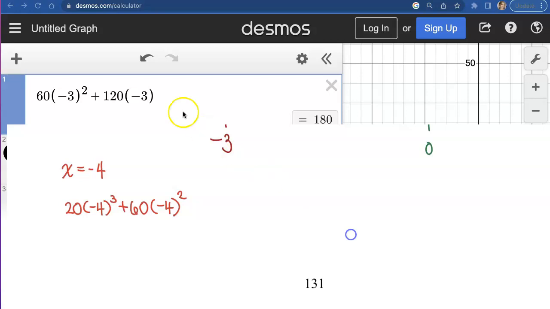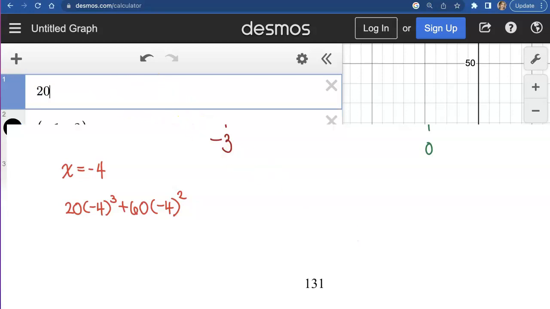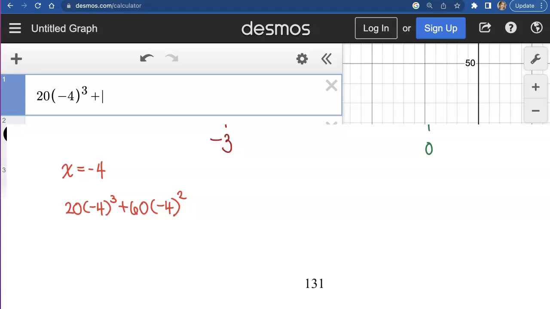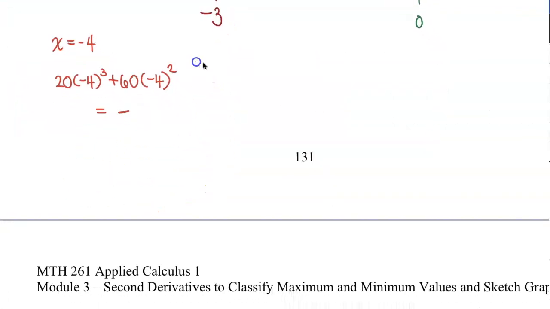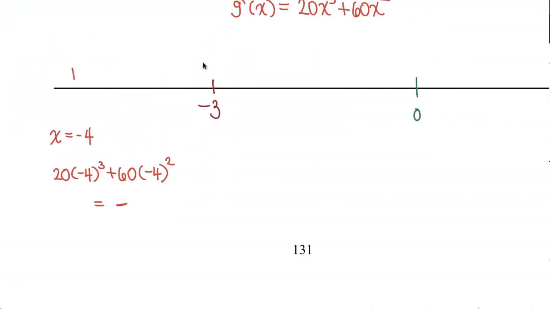I just want to know if this is positive or negative. 20 times -4 cubed plus 60 times -4 squared. -320. So this comes out to be a negative number. Now, if the first derivative is negative, we know this interval is decreasing.